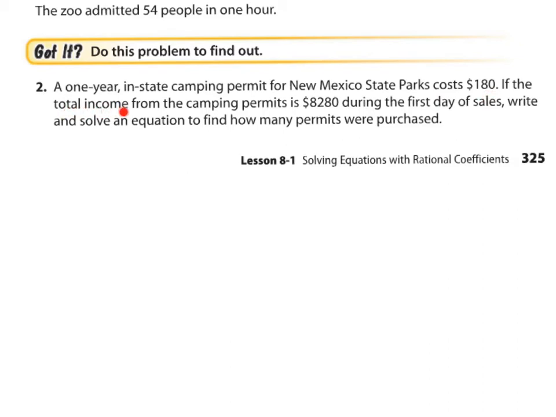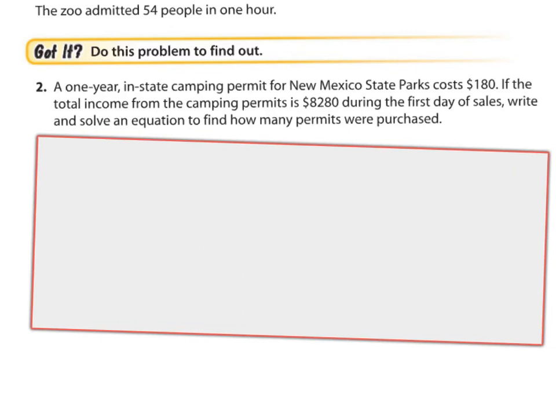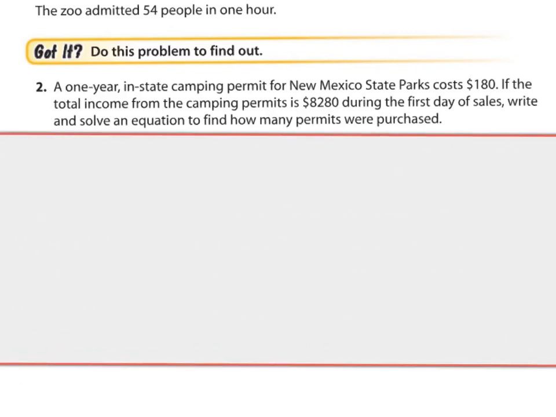If the total income from the camping permits is $8,280 during the first day of sales, write and solve an equation to find how many permits were purchased. So essentially the same thing. It's the same scenario where something is being paid per person and then we reach a total product.